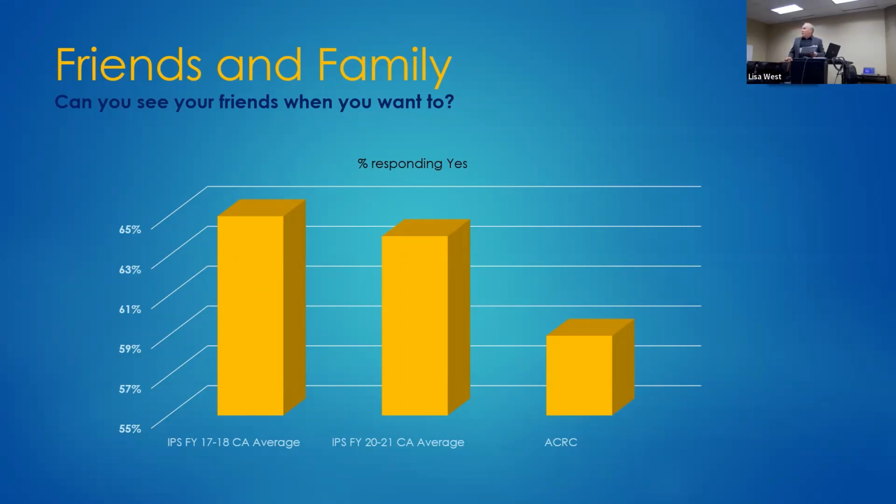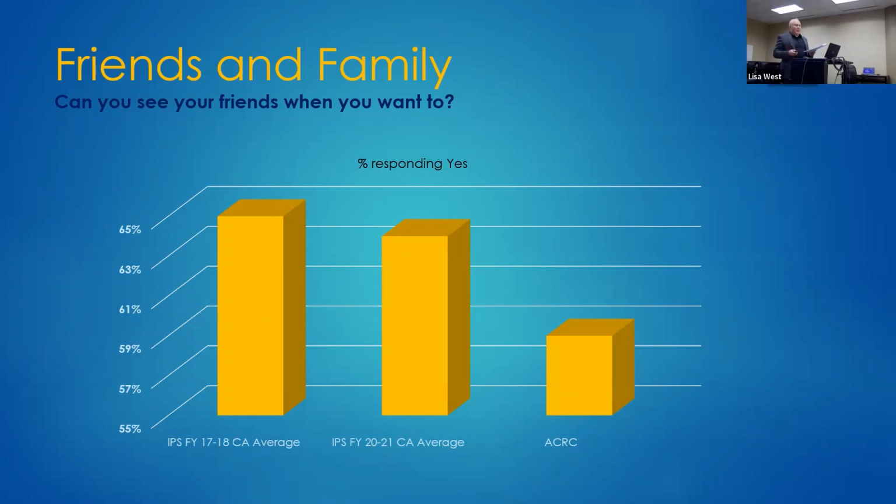So what we also wanted to do was examine how Alta compared to some of our neighboring regional centers in Northern California. We have a handful of them, so we just sort of averaged their outcomes to compare ours against theirs. We also wanted to compare our data against similar size regional centers, being one of the larger regional centers in the state. So we looked at the two partners who share a large client population. And in the same question, can you see your friends when you want to, Alta ranked with 59% compared to the statewide average.